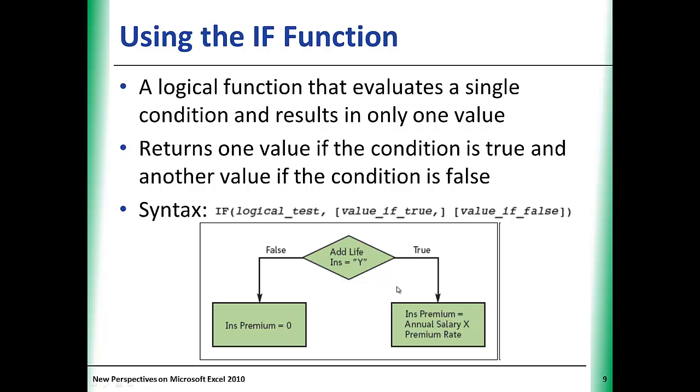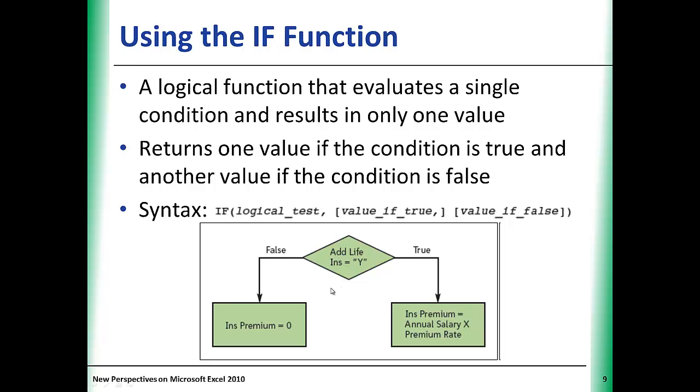Essentially, we're asking Excel to look at a cell and make a decision about the contents of that cell, evaluate the contents to see if they are true or false based on the criteria that we specify in the logical test, and then if it's true, do one thing, and if it's false, do a different thing.